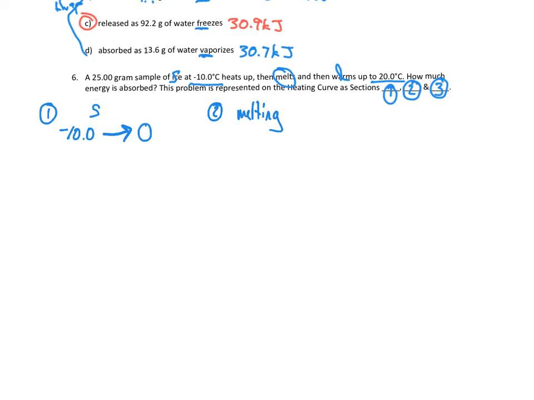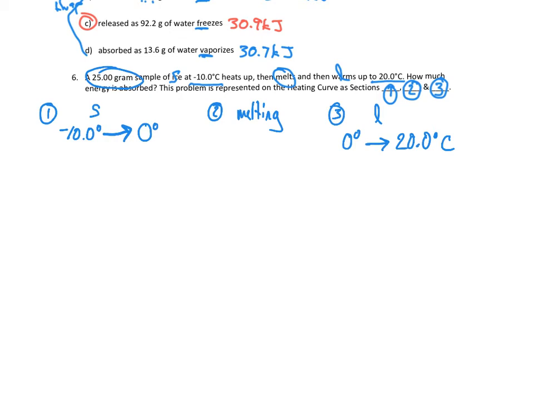I'm staying at 0 degrees. And in step 3, I am taking a liquid from 0 to 20 degrees Celsius. So those are my 3 separate problems. Okay, so I've got 25 grams for all of them.